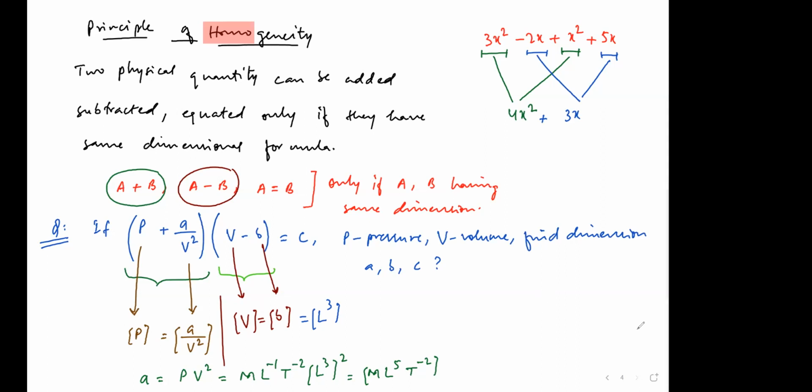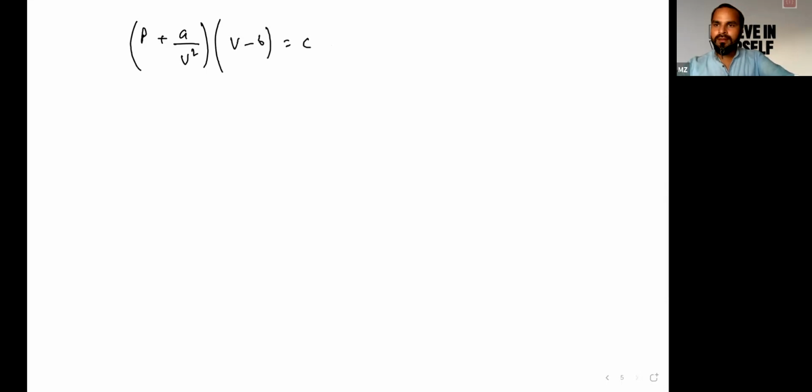Okay. So the next problem is how to solve for this particular C. We have the relation A divided by B square in bracket V minus B is equals to C. Suppose if you have to add 2x and 2x, it would be nothing but 4x.